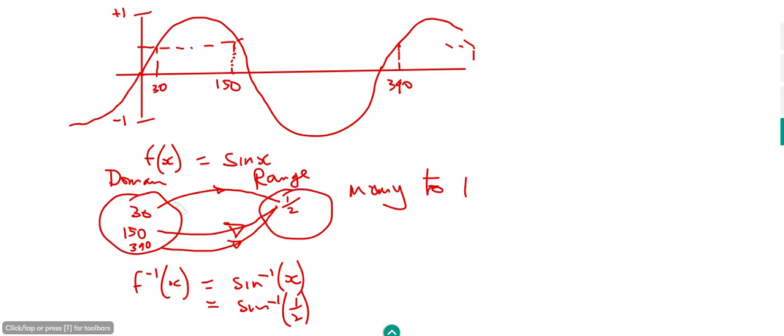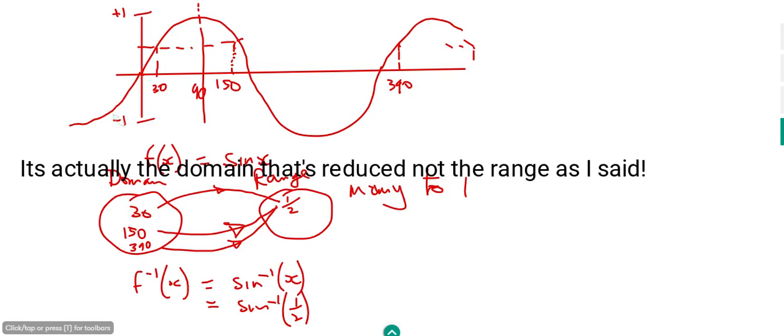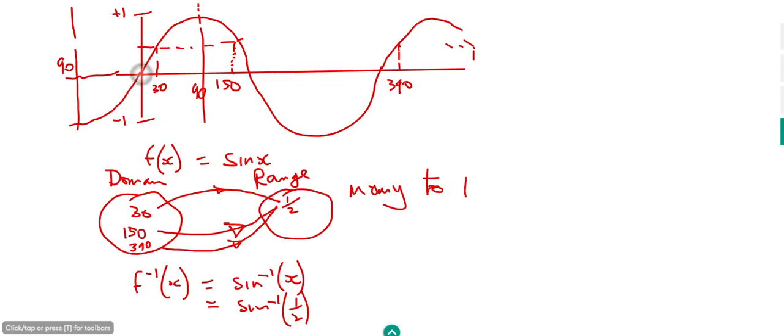What our calculators actually do is they limit the value for the sine to anywhere between 90 degrees and minus 90. So they reduce the range. So that's why when you put this into your calculator, it does actually work, and it will give you the nearest value to 0. So it's reduced the domain from minus 90 up to plus 90.